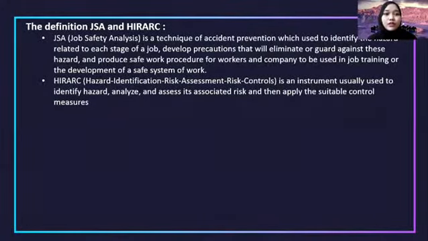And what is HIRARC? HIRARC, or Hazard Identification, Risk Assessment, and Risk Control, is an instrument usually used to identify hazards, analyze and assess their associated risk, and then apply suitable control measures.